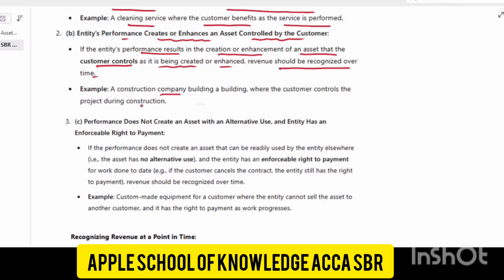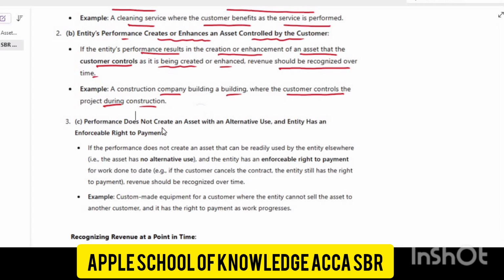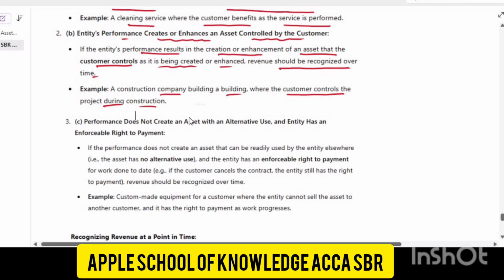For example, a construction company building a building where the customer controls the project during construction. So when the customer controls the asset and the entity's performance creates or enhances it, then the revenue recognized from that should also be over time.